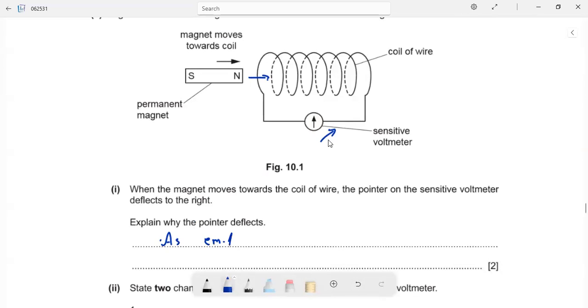As an EMF is induced in the coil, the deflection is happening. The magnetic field is getting induced and the EMF is induced in the coil, and this deflection is happening in this voltmeter.